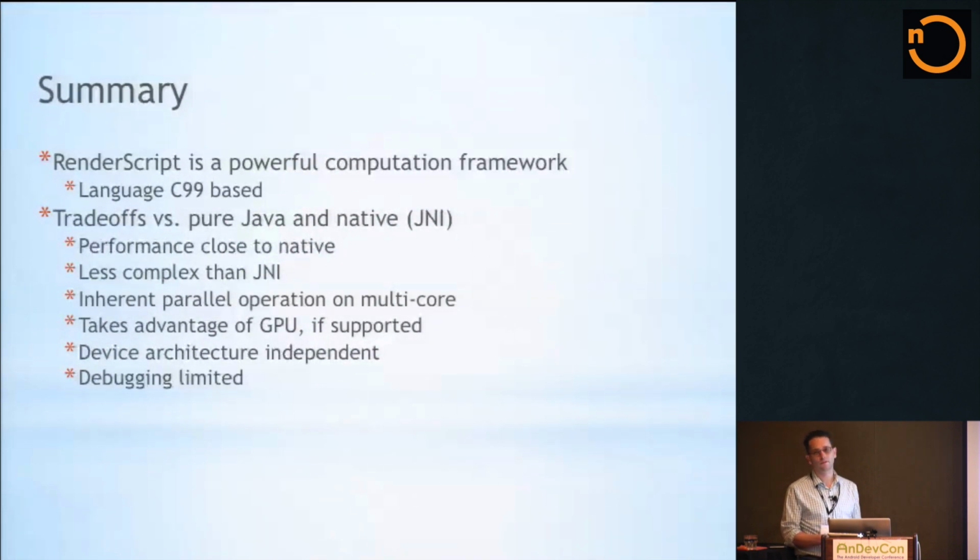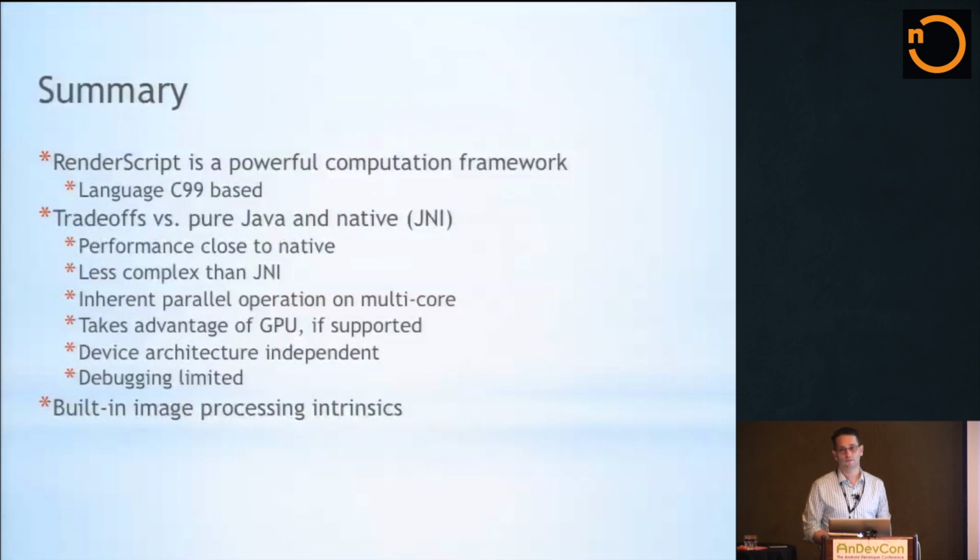If you do your own native spin with your own JNI, you've got to manage all of that. Okay, this takes away some of that complexity. It will take advantage of a GPU or a DSP if it's supported by the OEM. Okay. It is device architecture independent because it does finish that compilation once it's run on that specific device. And your debugging is very, very limited.